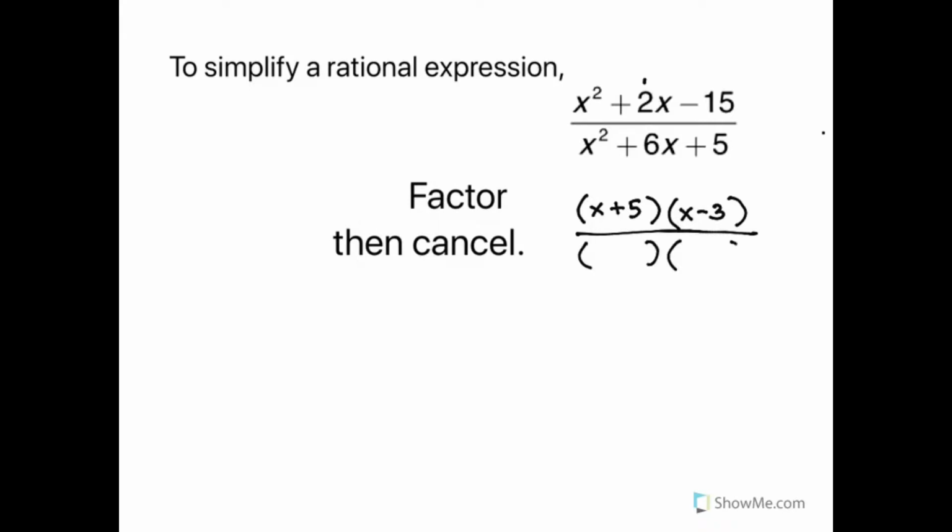X squared plus 6x plus 5 factors x times x, and the only factors of 5 are 5 and 1. If I write x plus 5 times x plus 1, I get that 6 in the middle. And I can cancel the whole expression x plus 5 with the exact same expression x plus 5. And that just leaves me with x minus 3 over x plus 1. That's the simplification.